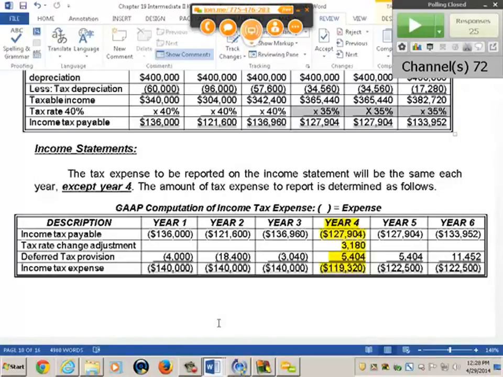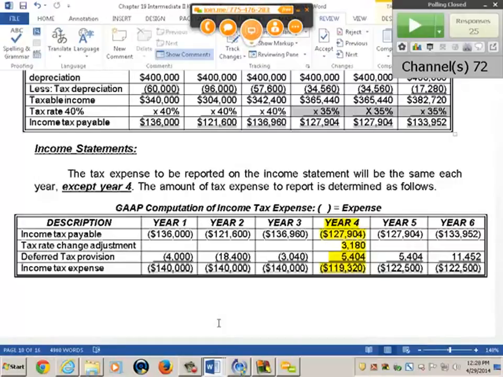The difference between the 35% and the 34.1 is part of that footnote reconciliation we'll look at in just a moment, but it is caused by the 3180.